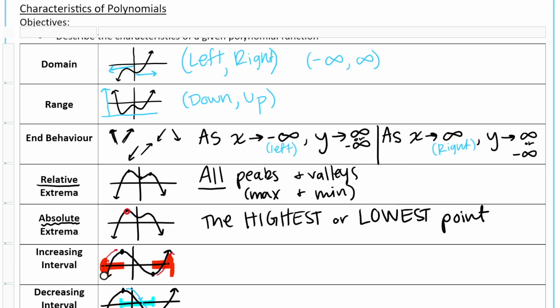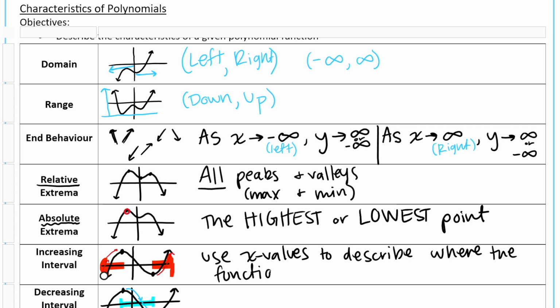So it has two increasing intervals. We're going to use the x values to describe this, specifically to describe where the function is going up.